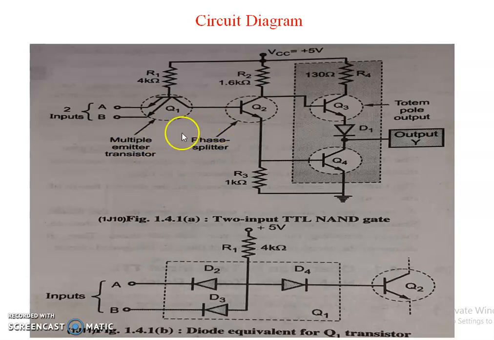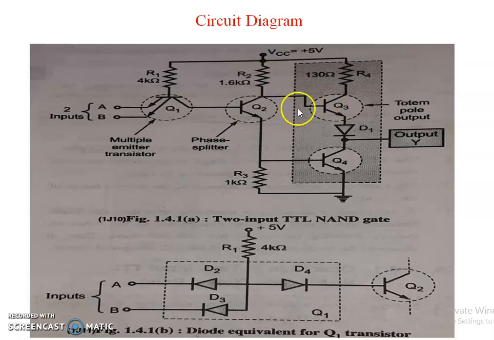Now second stage is phase splitter stage. It consists of transistor Q2, and this Q2 acts as a phase splitter. The collector terminal of Q2 is connected to the base of Q3, and the emitter terminal of Q2 is connected to the base terminal of Q4.